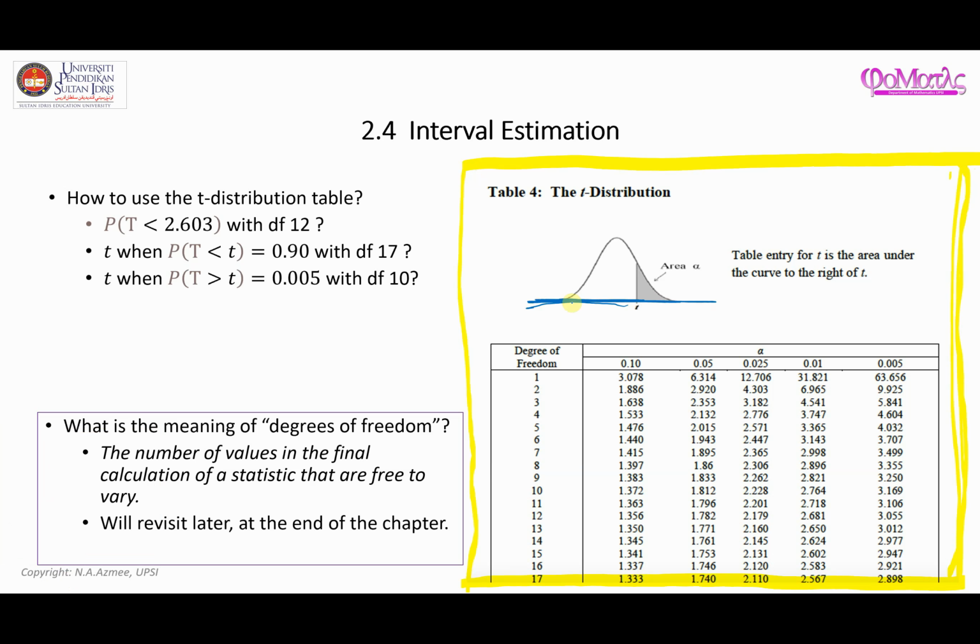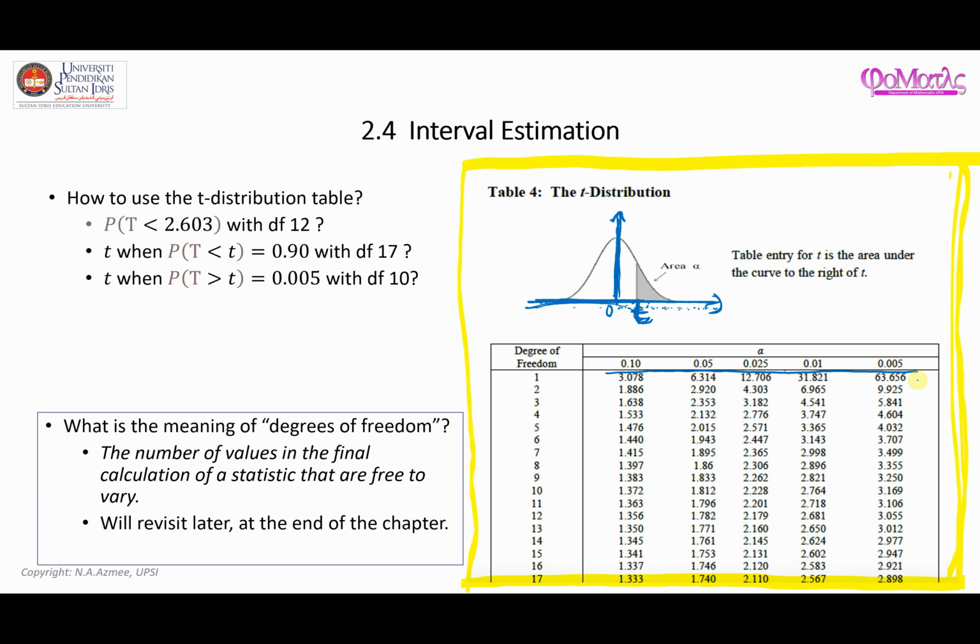The peak will be 0.0. The values of T to the right of 0 are positive values, whereas the values to the left of 0 are negative values.